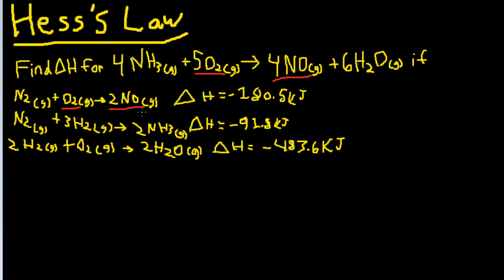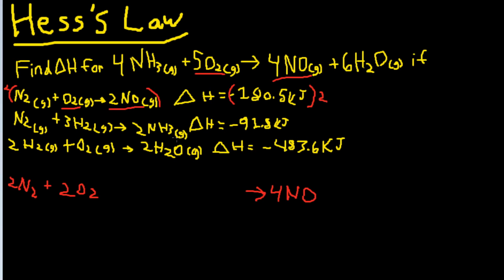So then to make it match up, since there are no other nitric oxides in this problem, you're going to need to multiply this by 2, which will make 2 nitrogen plus 2 oxygen, and then we'll go into 4 nitric oxides, and then eventually we'll have to multiply this by 2 as well.